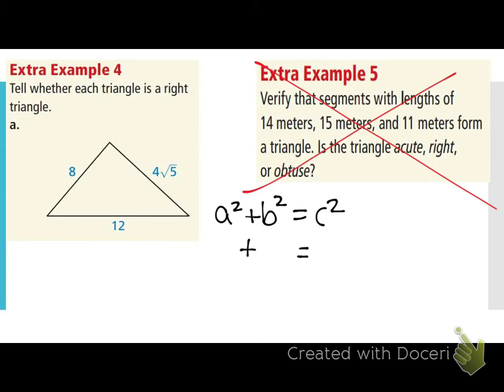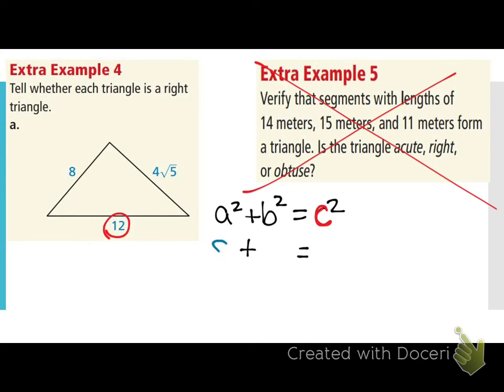So we need to first figure out what c would be. Which of these is the longest side? It is 12. If you don't know for a side length like this, you can always type in the square root of 5 and then multiply it times 4. It's about 8 point something. That's just to see its value and that it's not the longest side.